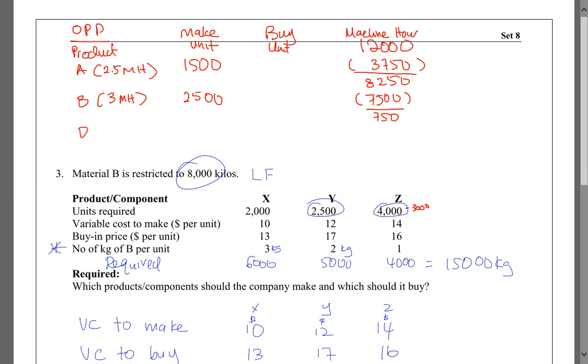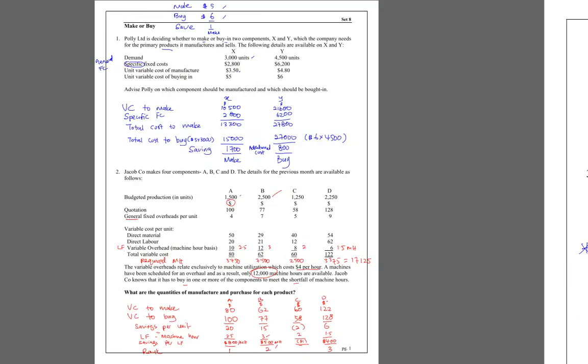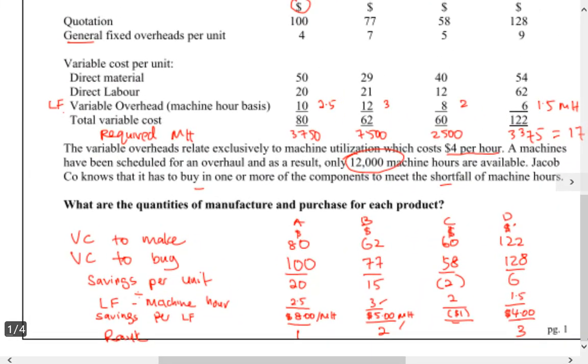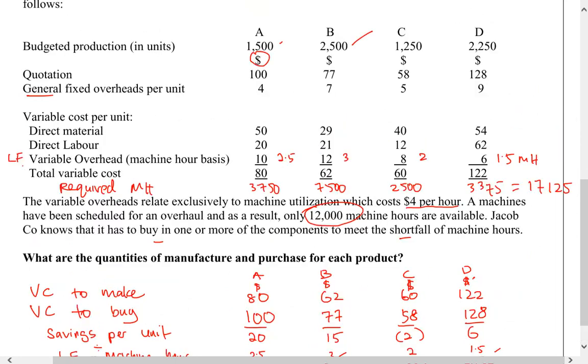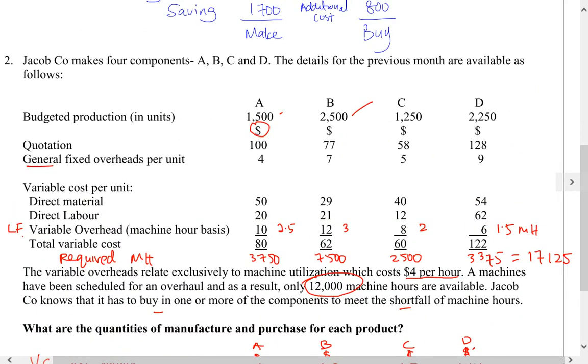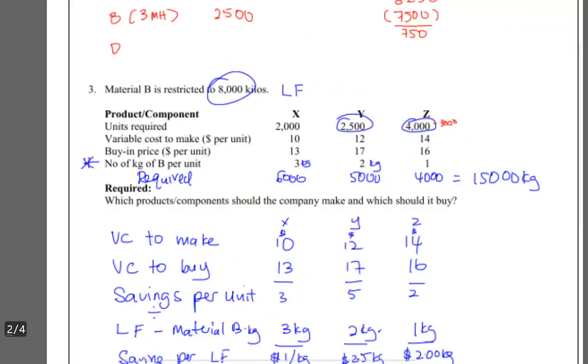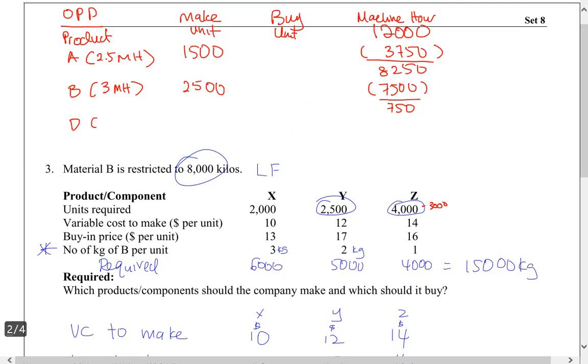Next is D. D requires 1.5 machine hours every unit. I plan to produce 2250. You multiply, you should have 3375 hours.